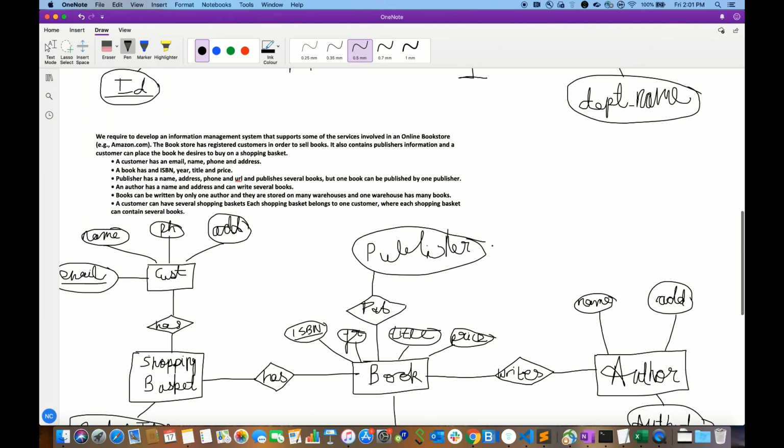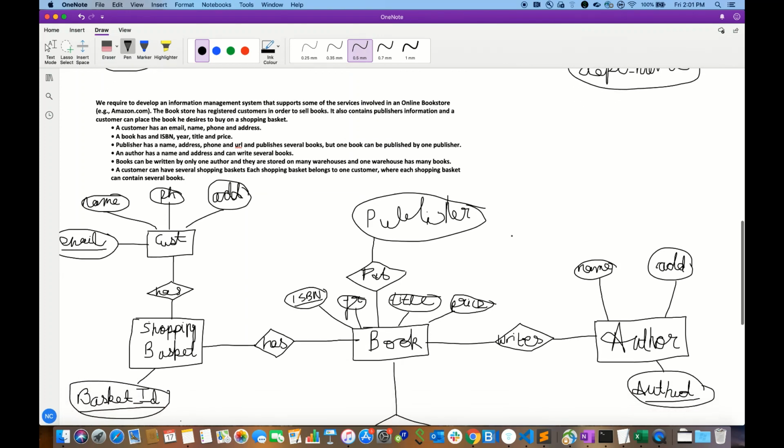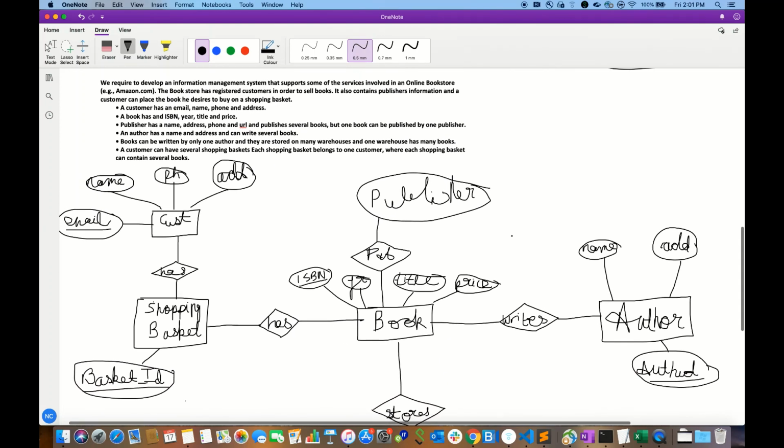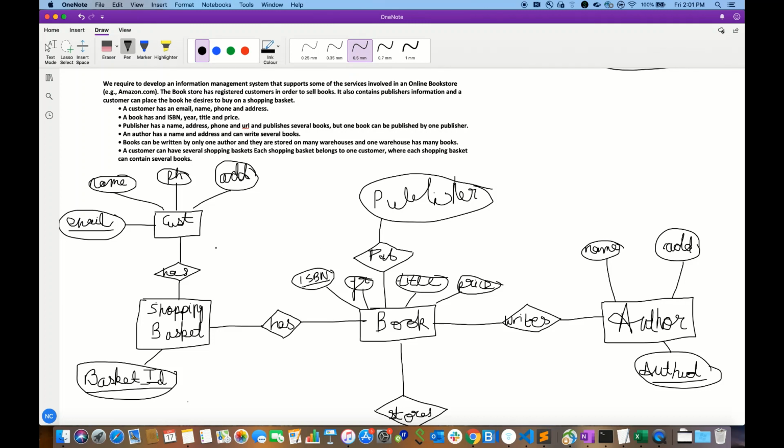And for the publisher, similarly, since there is no space, you can just write down the attributes the way we have written in other entities. And let's move on to mentioning the cardinality.